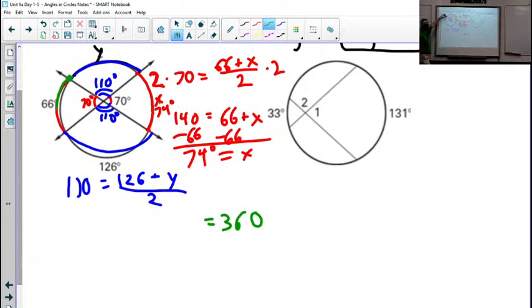So let's trace all the way around the circle. Watch closely here. Tracing all the way around the circle, I have a 66 here. I have 126 here. I have a 74 here.